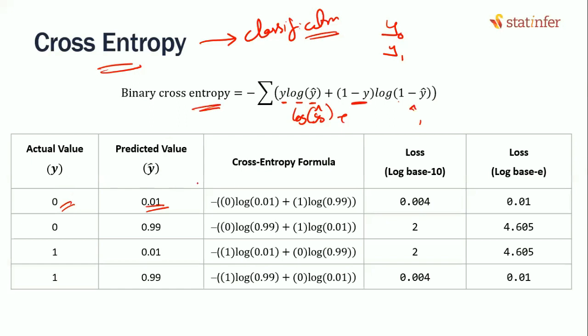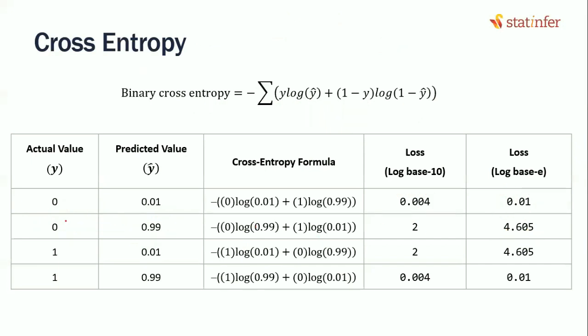If you calculate the binary cross entropy, whether you take log to the base 10 or log to the base e, both will give a lower value. If the actual value is 0 and the predicted value is 0.99, there is a huge gap. If there's a huge gap, then the error has to be higher. In this particular case, error will be higher.